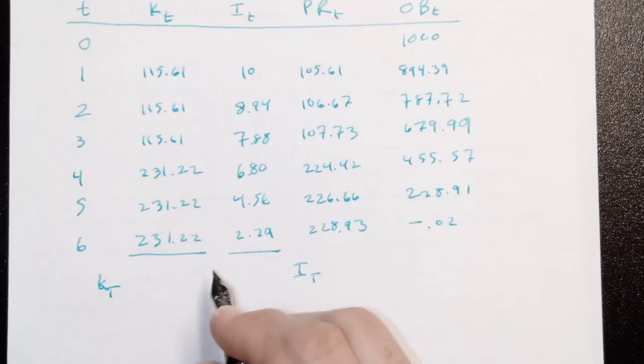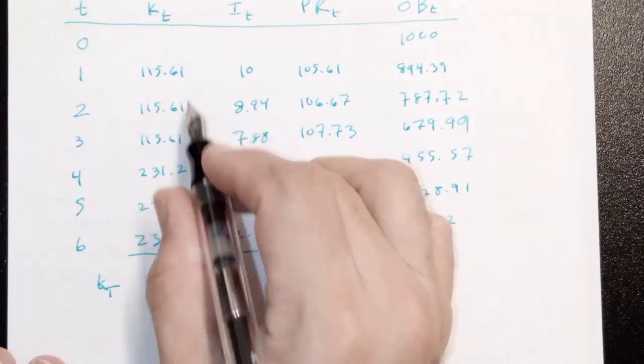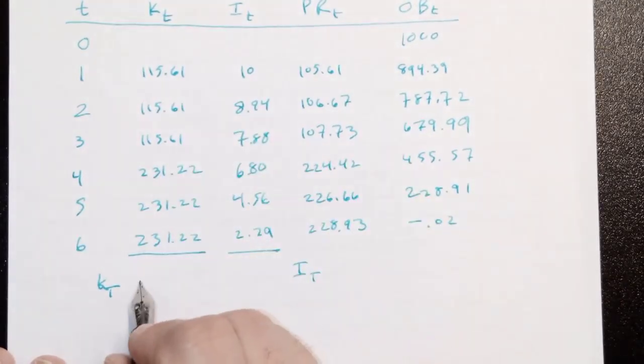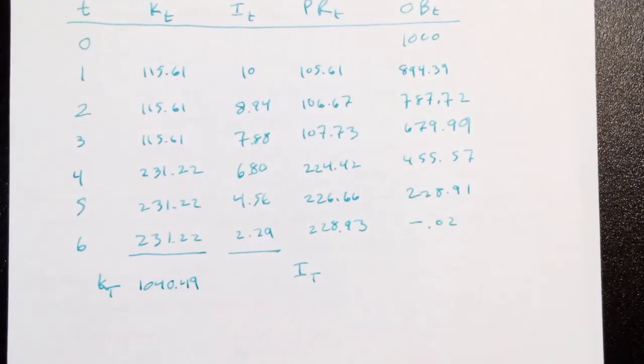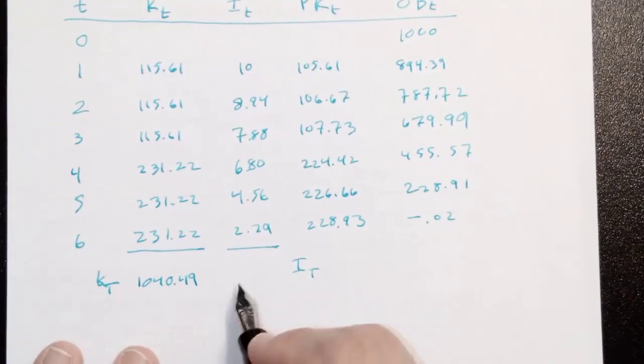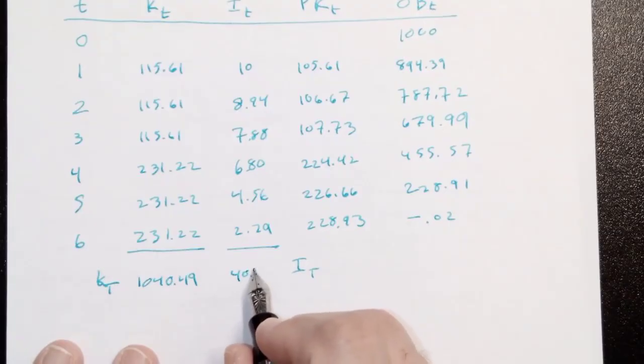Given my rounding change, I take one of these and one of these and then multiply by 3. That's $1,040.49. And my total interest is therefore 40.49.